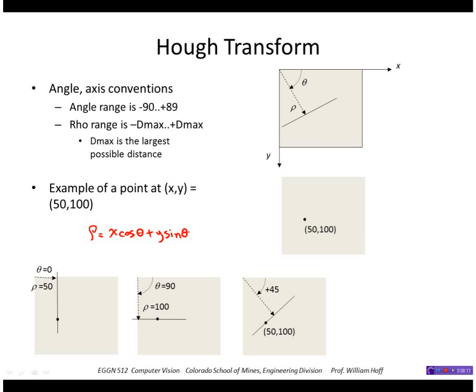So if I have an angle of 45, then cosine theta is square root of 2 over 2. So I'm going to have 50 square root of 2 over 2. And y is 100. And sine of 45 degrees is also square root of 2 over 2. So this is 150 square root of 2 over 2, or 75 times the square root of 2.